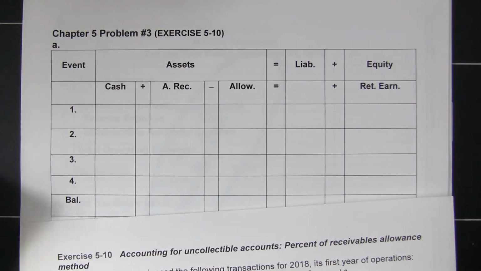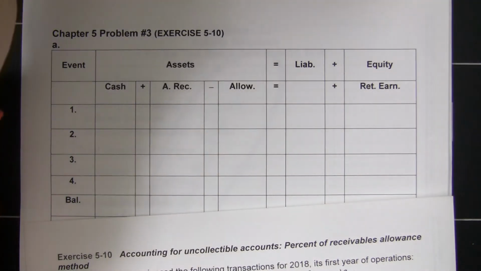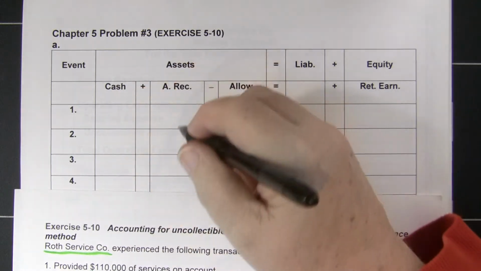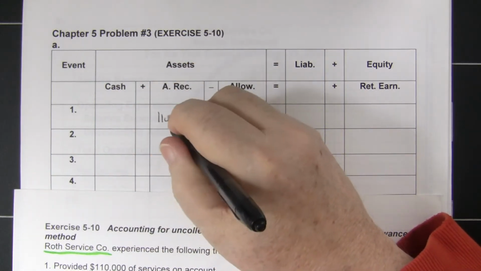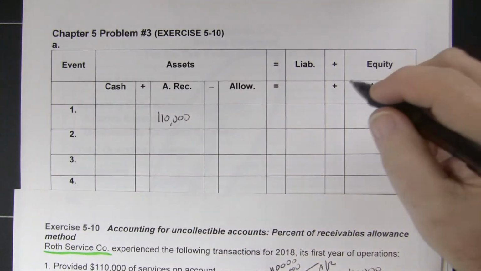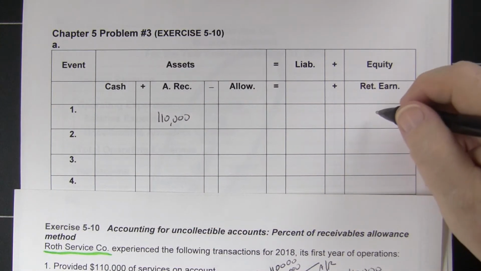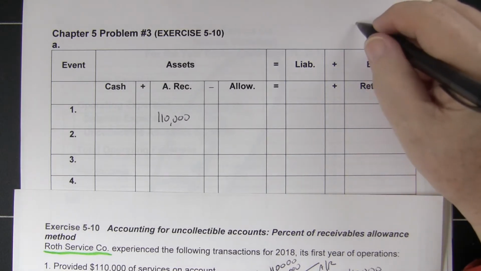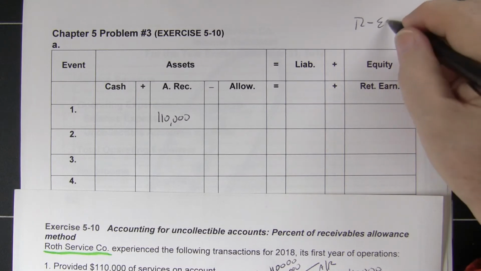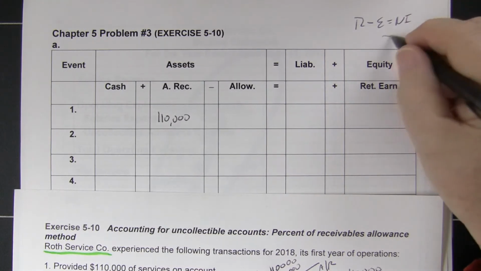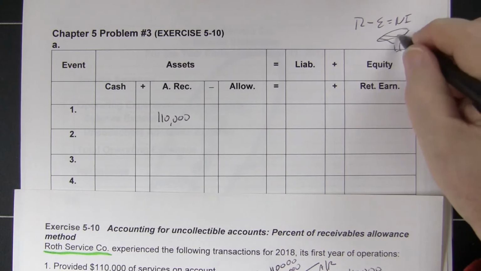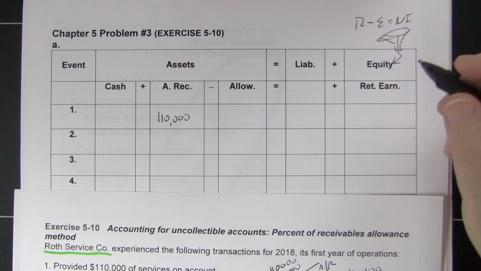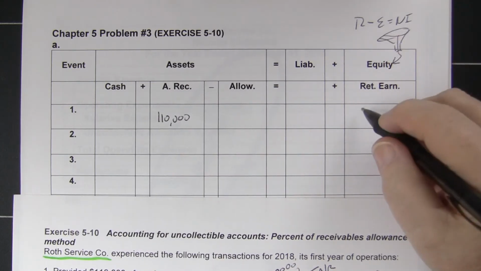That's what you're hearing in the background. $110,000. So that's accounts receivable. And retained earnings. Remember, this is revenue minus expense equals net income, which goes through my magic funnel to equity. So we have retained earnings, the revenue part of it of $110,000.